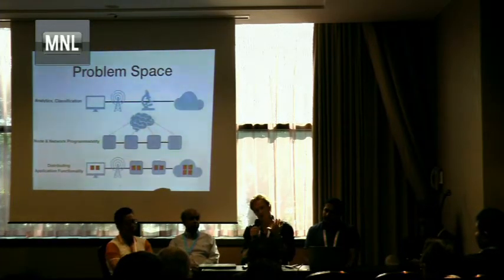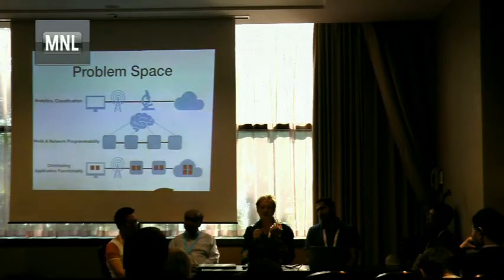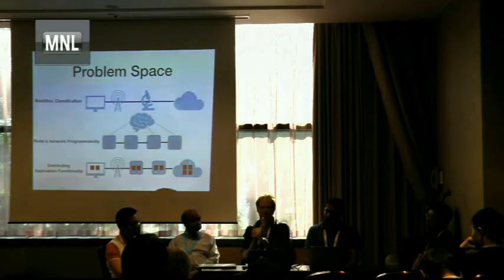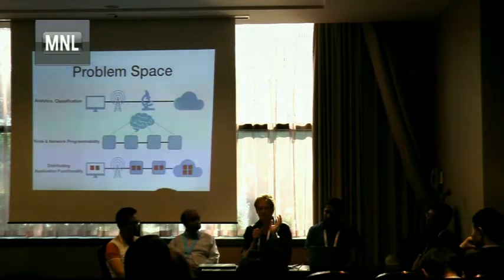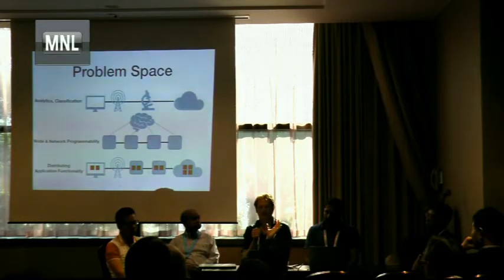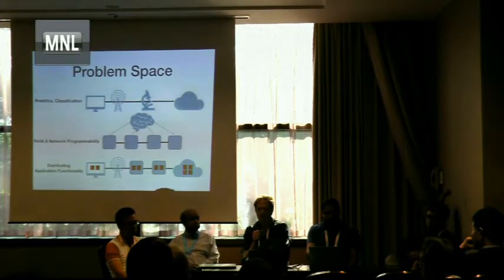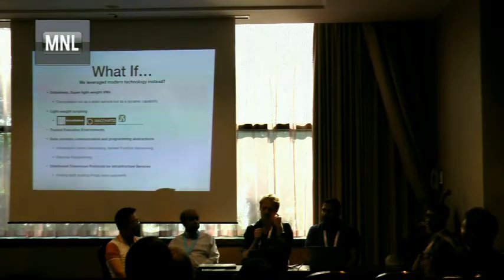But if you want to start distributing application functionality, like machine learning, like AR support, for example, then you really have to think about a holistic vision, conceiving a framework that supports computation without giving up important properties that are expected from a network. Like failure safety, good performance, ability to leverage multiple paths in the network, and so on.